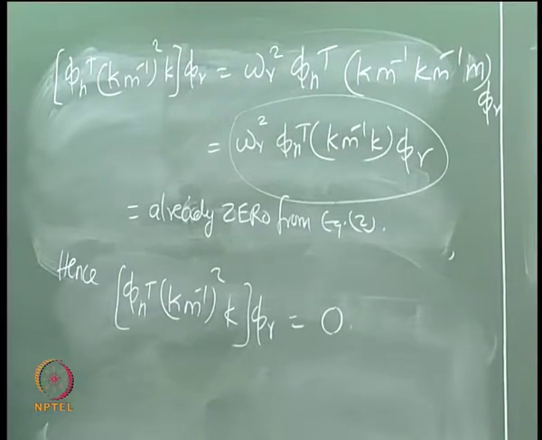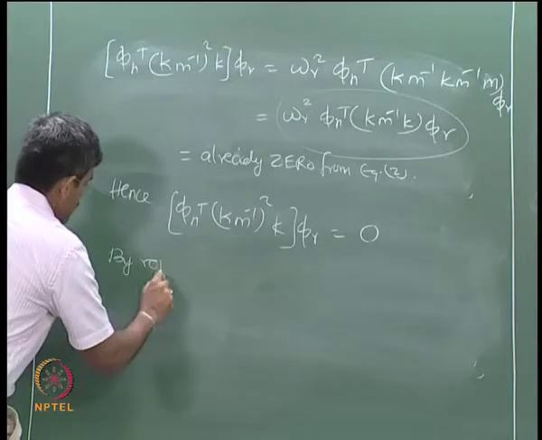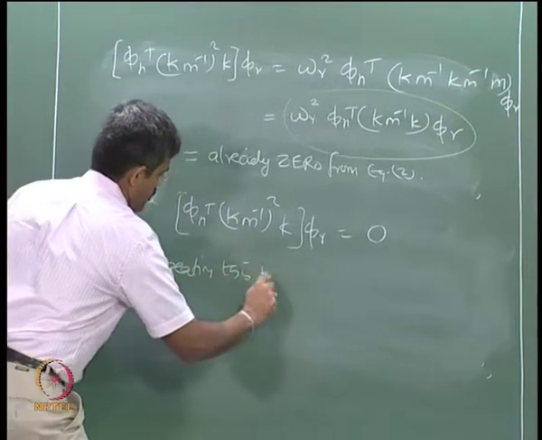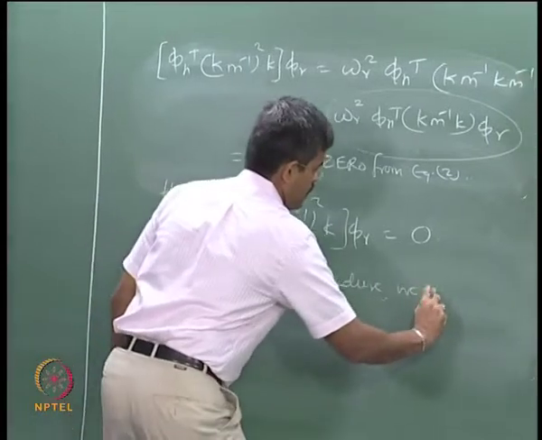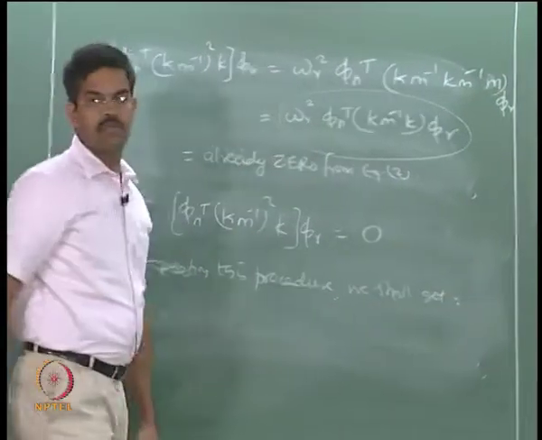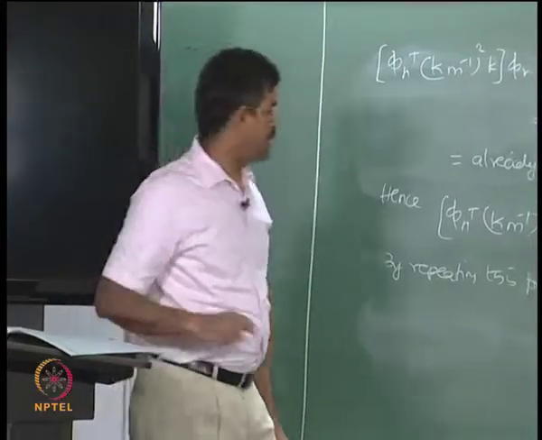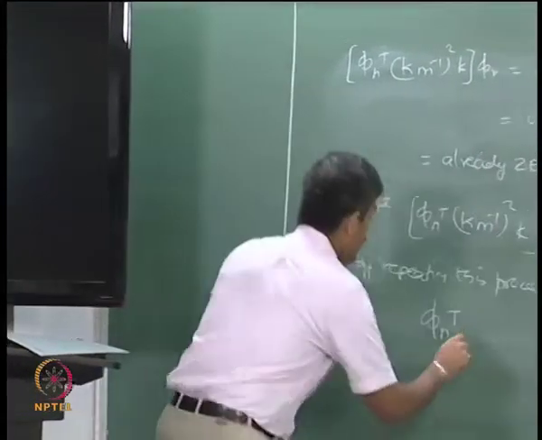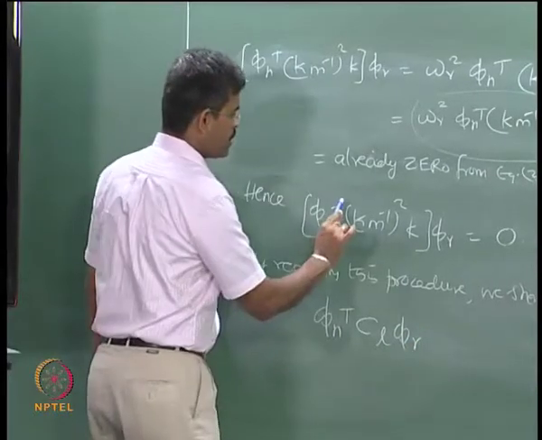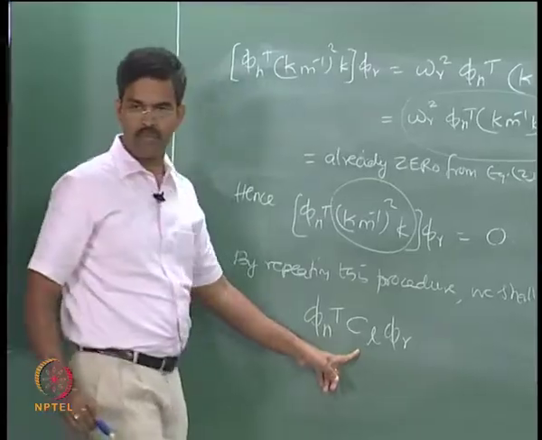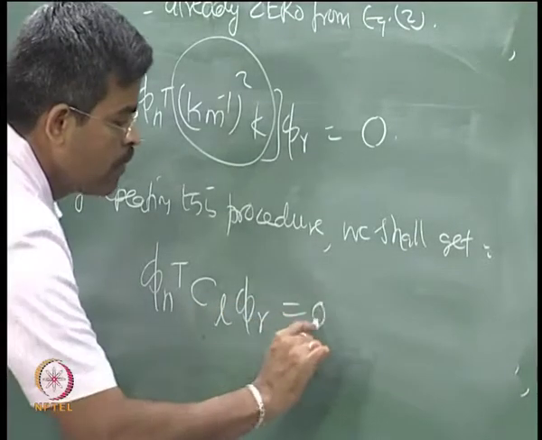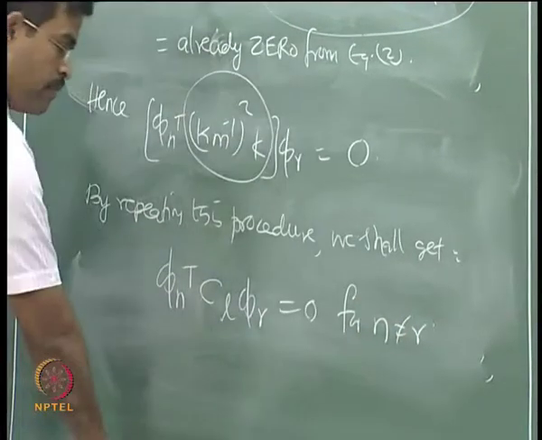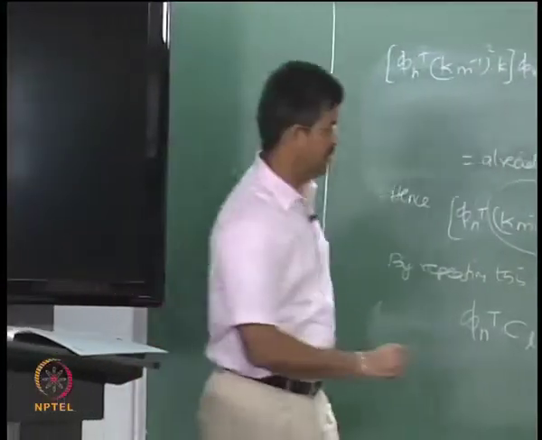So, we are repeating this procedure for n number of powers of phi n K m inverse to the power L. By repeating this procedure, we shall get the following equation, where I can say phi n transpose C L of phi r, so I am replacing this with C L, is 0 for n not equal to r, which I call equation number 3.